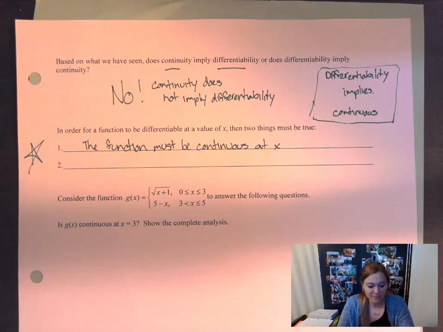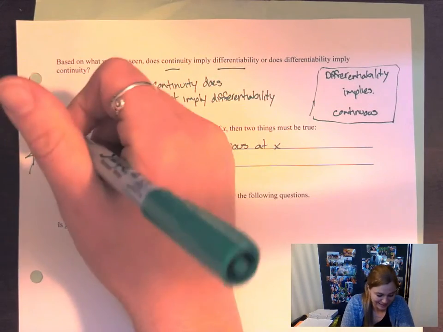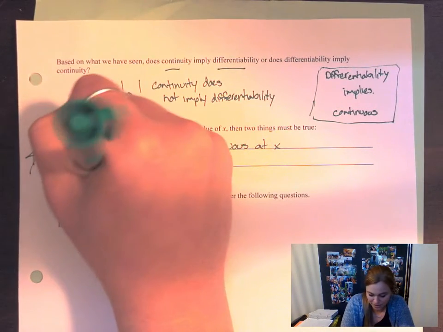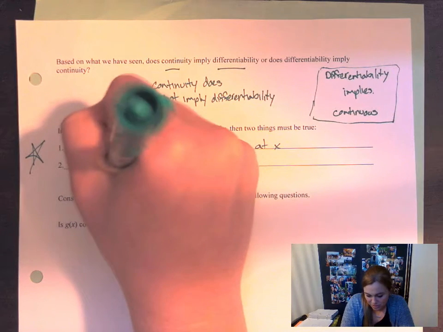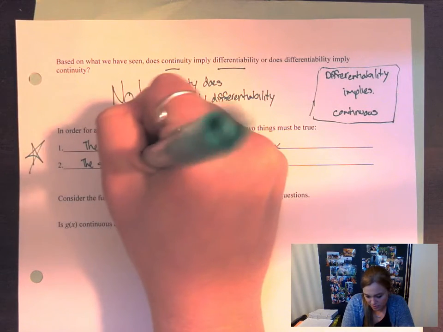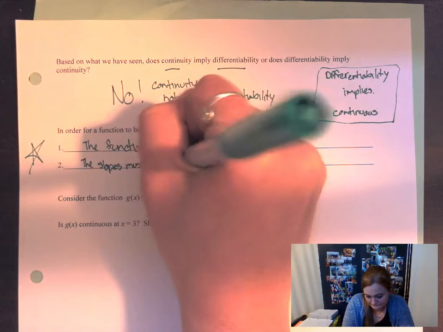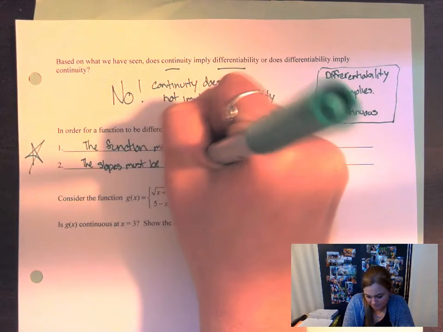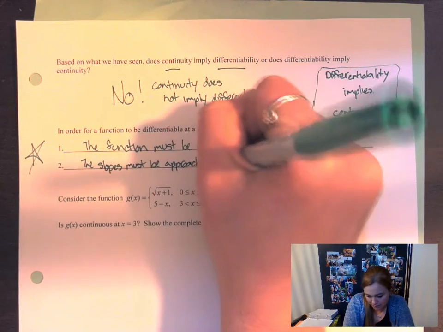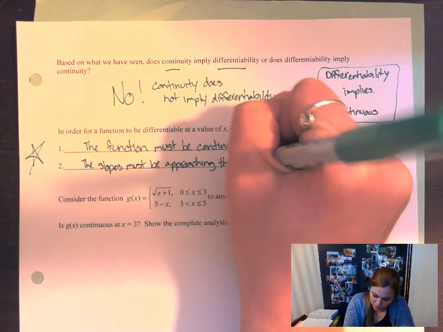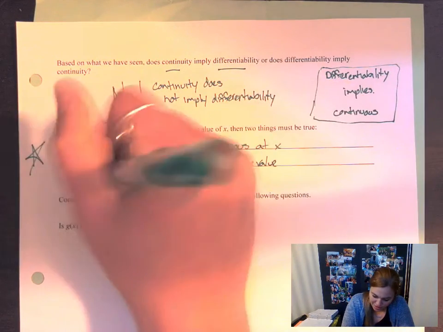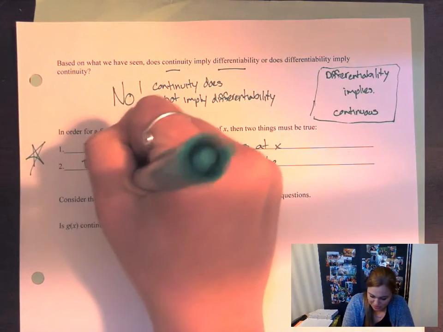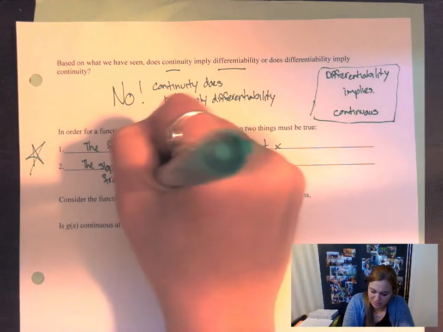The other thing is, the slopes must be approaching the same value from the left and right. And if you're thinking, isn't that just limits? Yes.